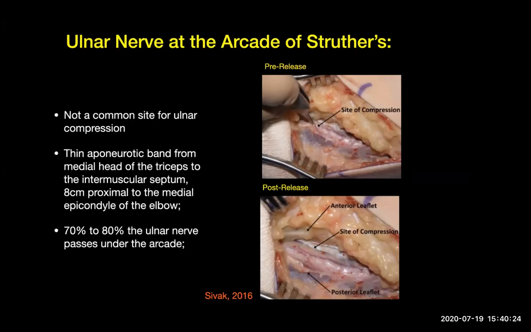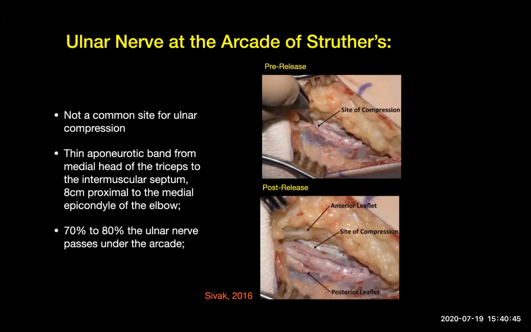This is made up of an aponeurotic band from the medial head of the triceps to the intermuscular septum, measured as 8 centimeters proximal to the medial epicondyle of the elbow. Okay, so 70% to 80% of the ulnar nerves pass under the arcade.